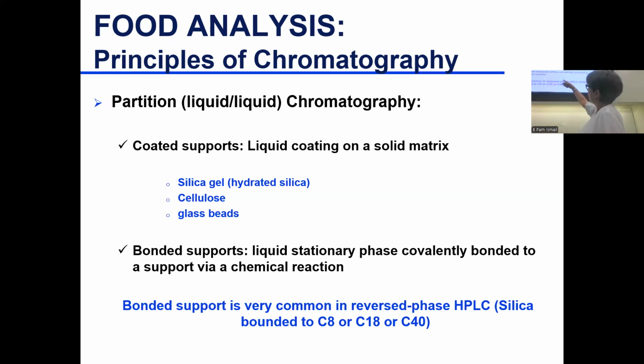So the liquid phase is covalently bonded to a support via chemical reaction. So C8, C18, or C40 are chemically bonded phases. Silica is bonded to C8 or bonded to C18 or bonded to C40.